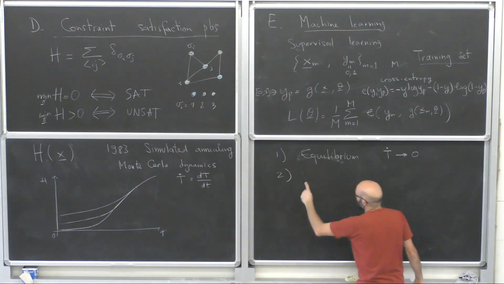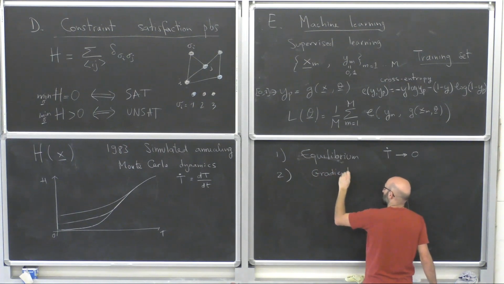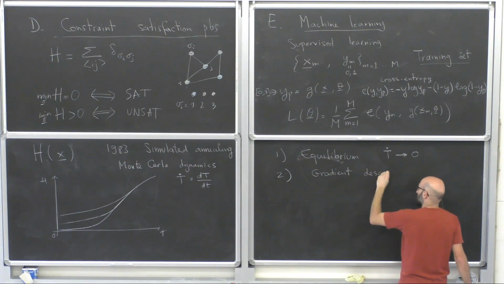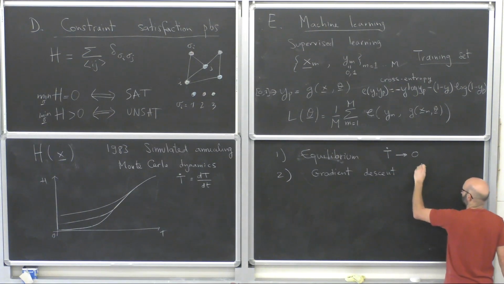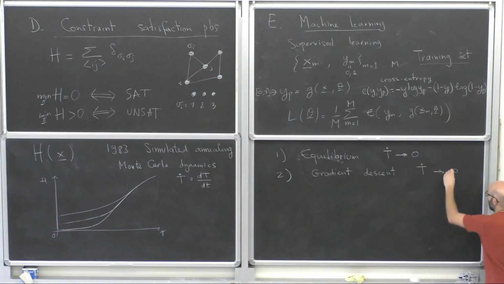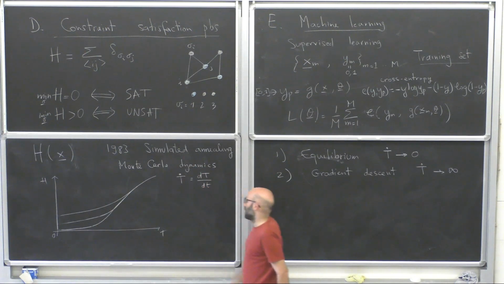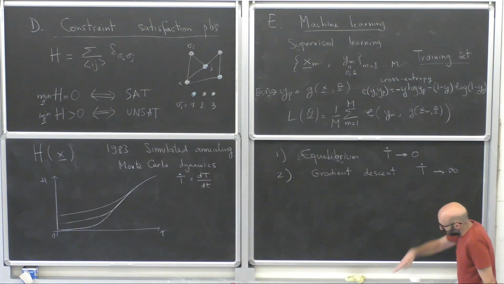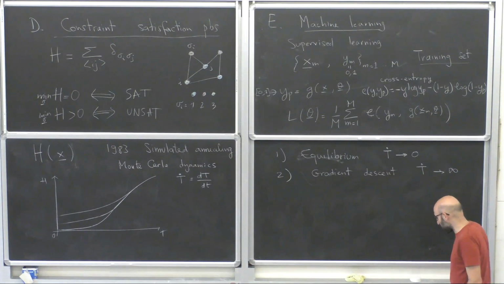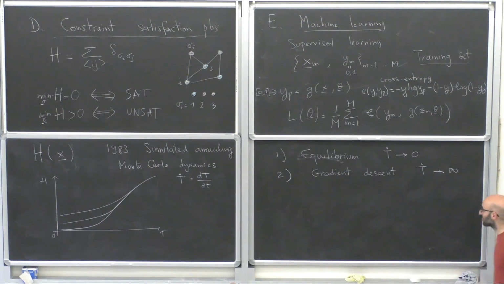The second limit I wanted to study was gradient descent. Gradient descent is actually the opposite limit, the limit where the cooling rate is infinite. If I go very fast, the noise is not very important. I'm basically going instantaneously to 0 temperature, and then I'm following the gradient.